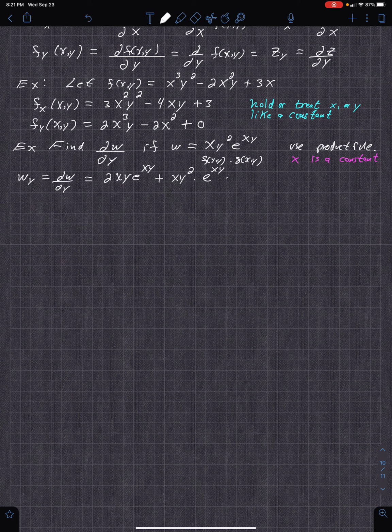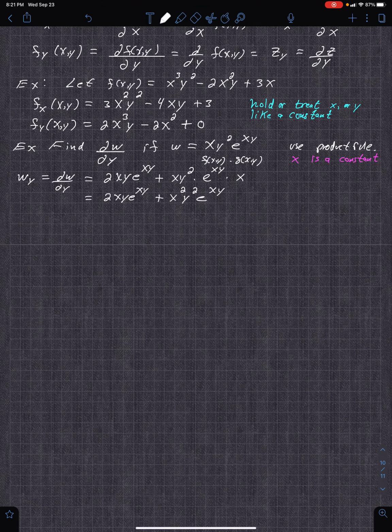We are treating x like a constant, so it's just derivative of y, which is 1, so you're left with just x. Okay, so go through that again if that didn't resonate with you. So you get 2xy e to the xy, and then you'll just write that as plus x squared y squared e to the xy.